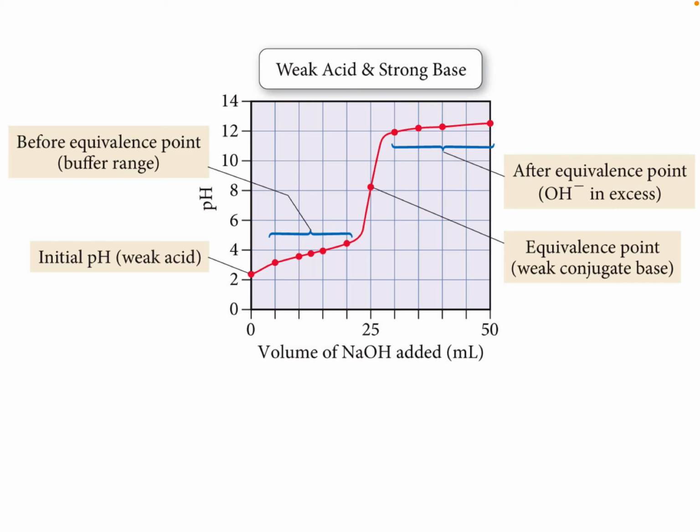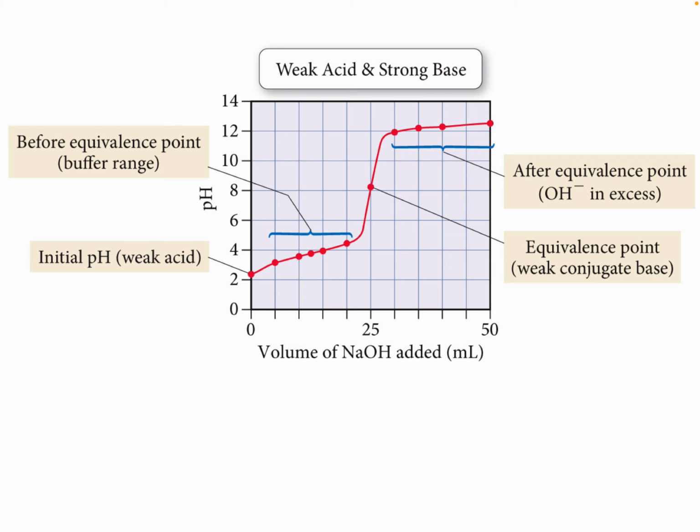Alright guys, so yesterday we went over the math basis whenever we're dealing with a weak acid and a strong base. So we talked about it initially starts out at a lower pH, then we get into that buffer region before the equivalence point where we're still able to neutralize all of the added base.